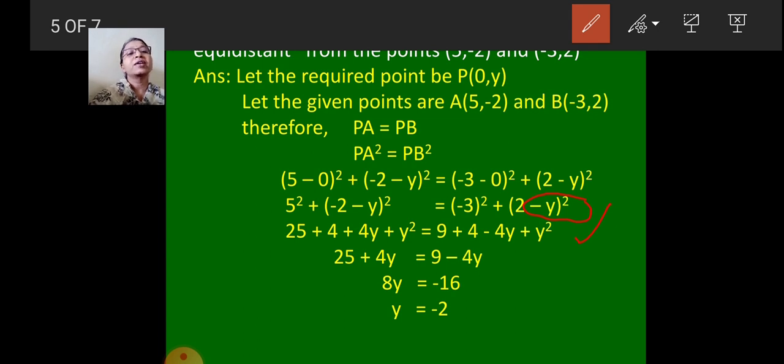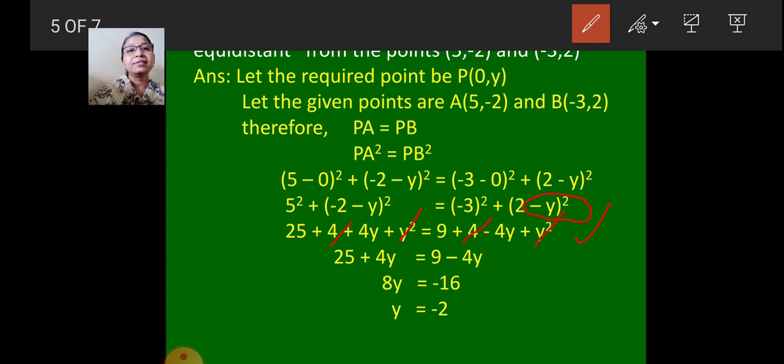Now next step, the similar quantity on either side of the is equal to sign you can cancel. So what are the similar terms? Here y square and y square will get cancelled, plus 4 and this side plus 4 will get cancelled. So now what will remain? 25 plus 4y is equal to 9 minus 4y.